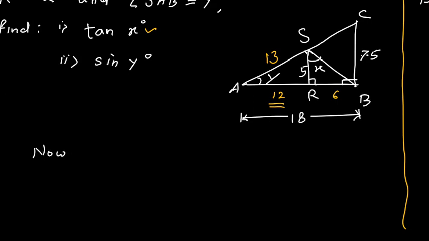Tan x is opposite, which is RB, upon adjacent, which is SR. The value of RB is 6 and SR is 5, so tan x is 6 upon 5.